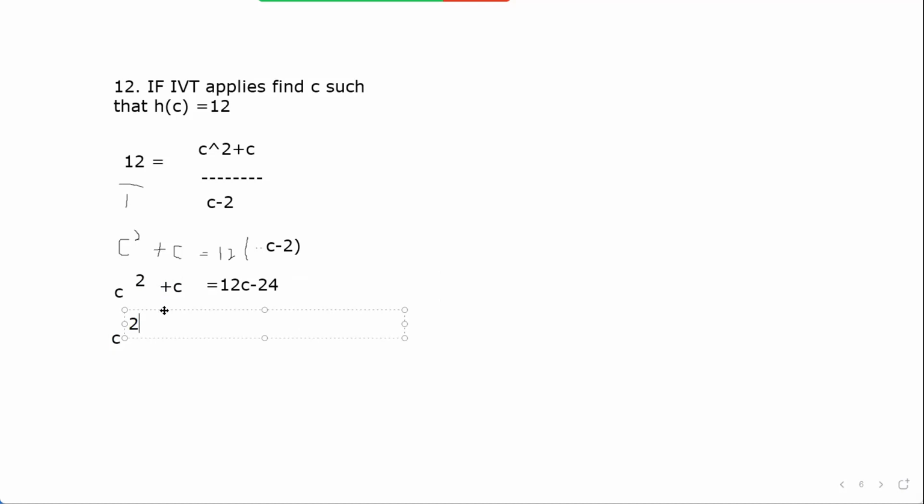So negative 12 plus c is going to be negative 11. So I'm going to have c squared minus 11c plus 24 is equal to 0, yeah? Now, what can I do from here?